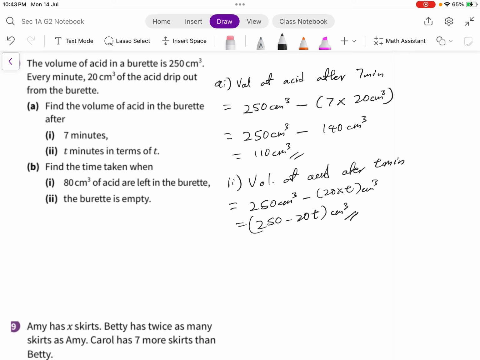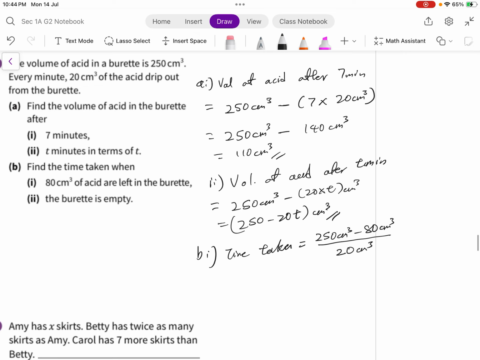Okay, so part B, find the time taken when 80 cm³ of acid are left. We want to find the time taken. So we get 250 minus 80 cm³, then we divide by 20. We minus off what was left to find out how much has leaked out.